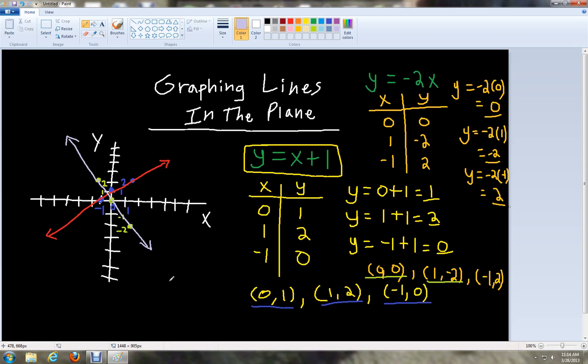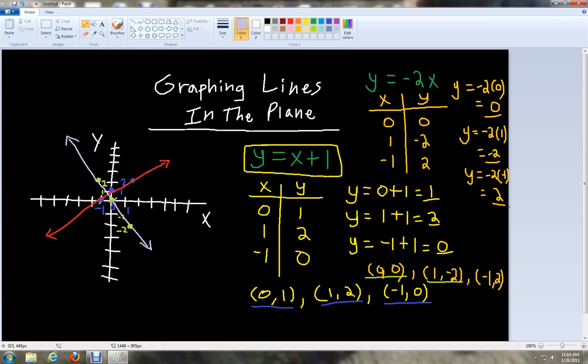What's different about this line is that it's sloping downward, when we talk about slope. Notice that when the x values increase, getting larger, the y values start getting smaller.